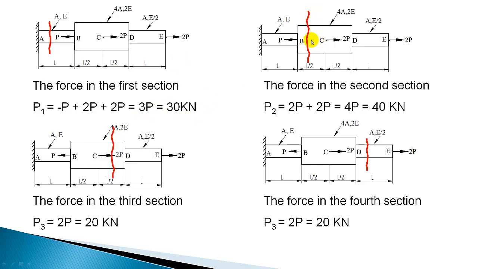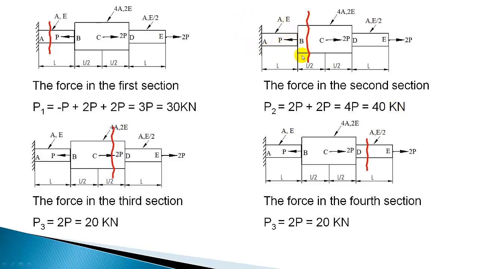Now let us take a section between the portion B and C. When you take this section, you have to consider the force at C, which is 2P, and at E we have 2P force. Both are acting rightward, so 2P plus 2P gives 4P, and P is 10 kilonewton, so 4P is 40 kilonewton.